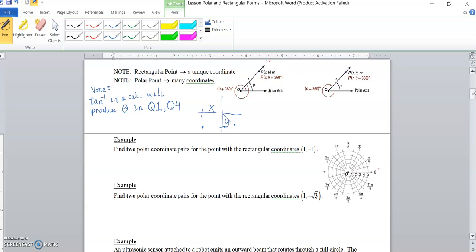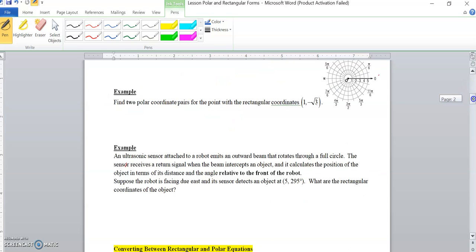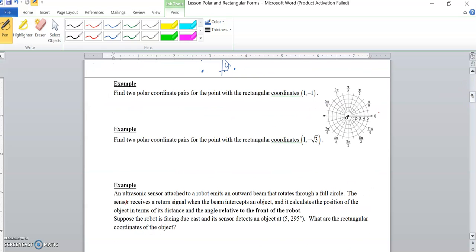If I went over some r distance and up theta, and I add 360 to my theta if I'm in degrees, or 2 pi, or subtract 360 or 2 pi, I land at the same spot. Keep the same r, add 2 pi or 360 to your theta, and you come back to the same point. That's why this example says find two polar coordinate pairs.